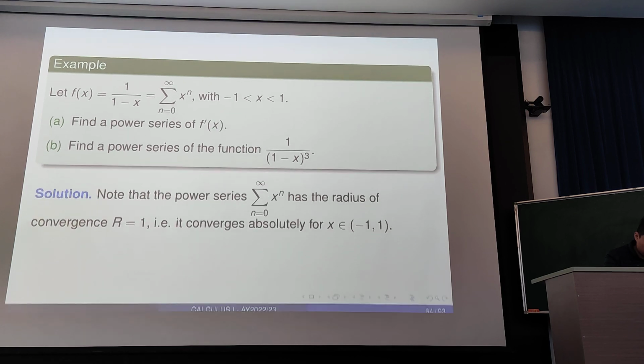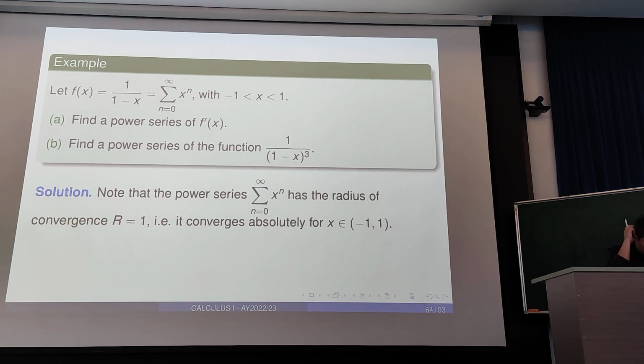Okay, so let's take a look at this example to see how to use the power series to find the derivative of a power series. So we are given this function f with the power series. It is very well known from the last lecture, the previous lecture you already saw it, right?